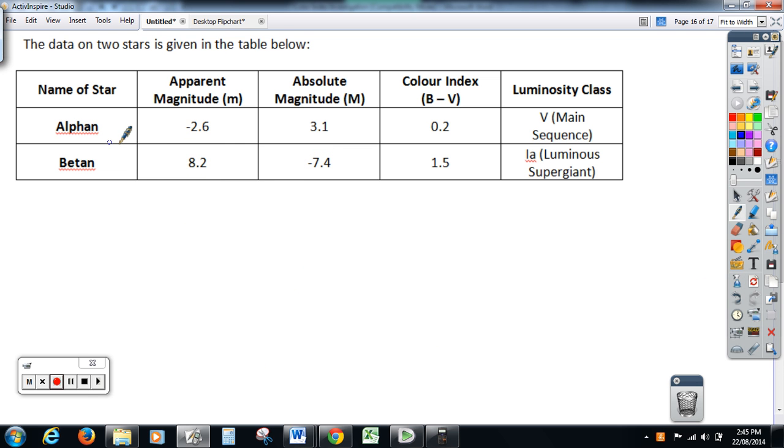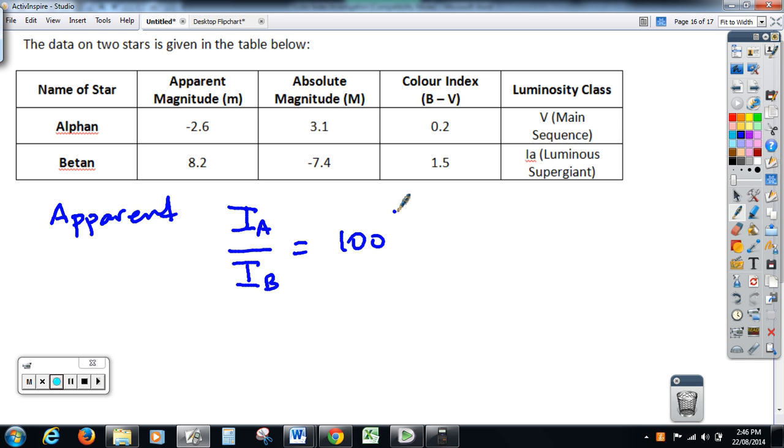Okay, so that's the first thing that we can do with this information. Now the second, we can compare how bright they appear on the surface of the Earth. So we compare the apparent brightness. We can use the formula IA on IB is equal to 100 to the power of MB minus MA on 5.